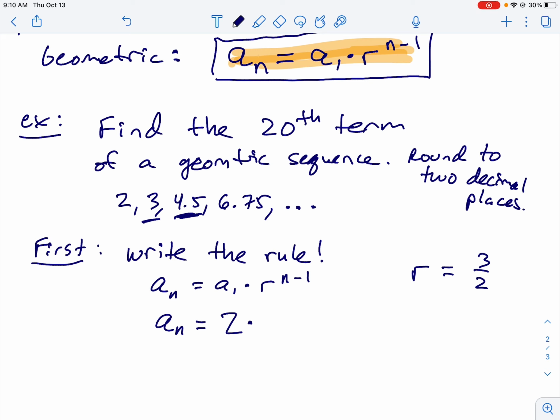Obviously, 3 divided by 2 is certainly easier because the numbers are right there in front of you. But you can do any combination, any pair, as long as you take wherever you start and then divide it by whatever's before it, right? That'll give you the ratio. Doesn't matter how you do it. So, now that we know what the ratio is, plug it in. And here's your formula. So this is the rule.